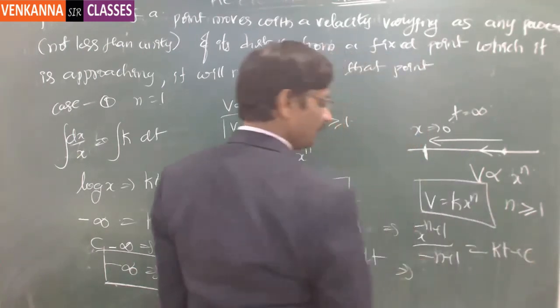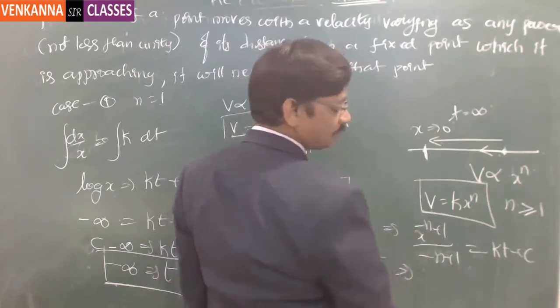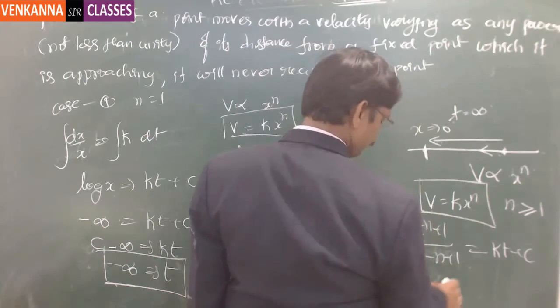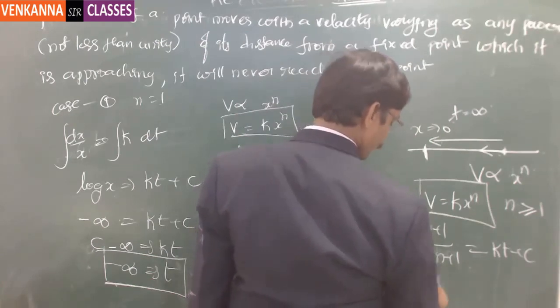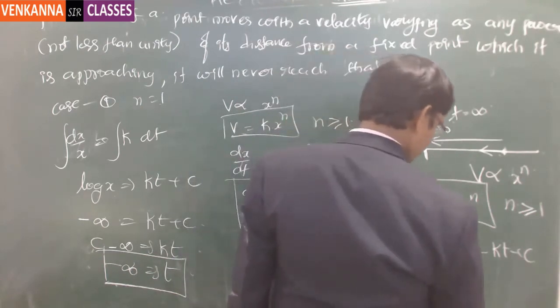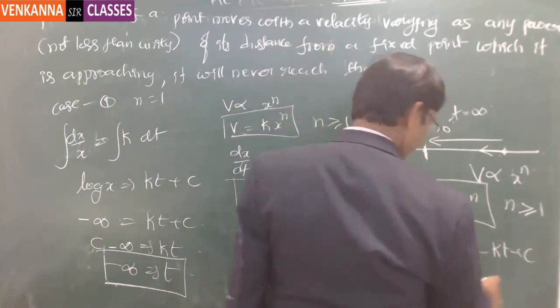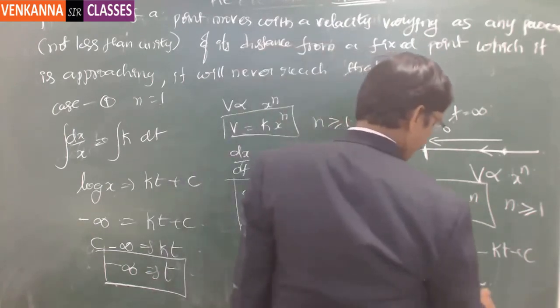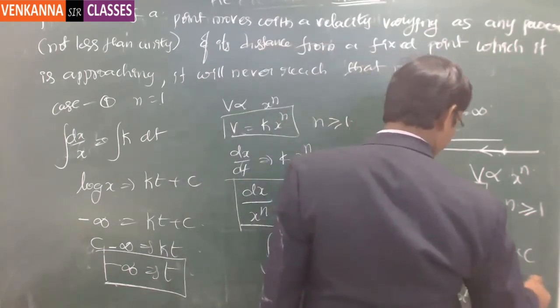So this is 1 by 1 minus n into 1 by x power 1 minus n, or n minus 1. So this is equal to kt plus c.